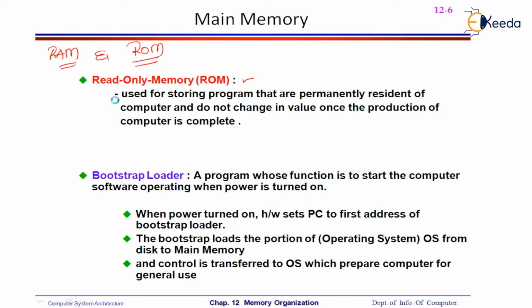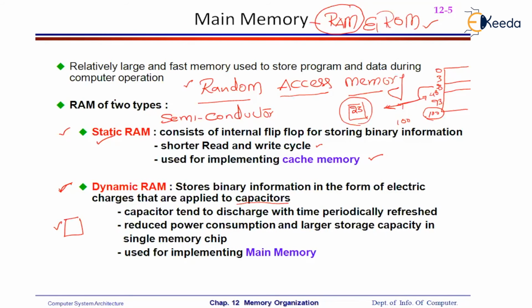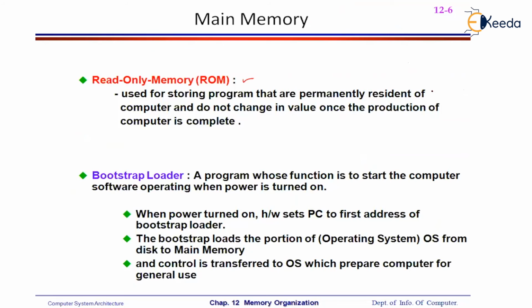I will tell you. RAM is random access memory, right? That means addresses will be accessed randomly. In ROM also, addresses will be accessed randomly. There is no sequential access business.